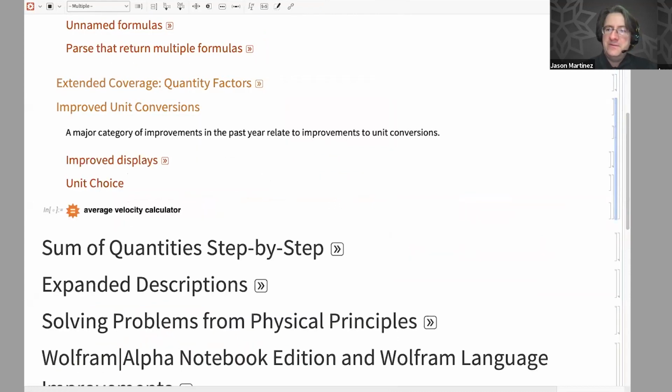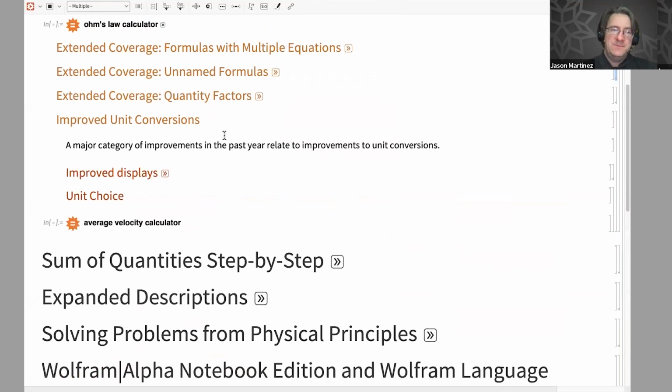And then another feature that we've added, moving beyond extension, is improving our unit conversions.